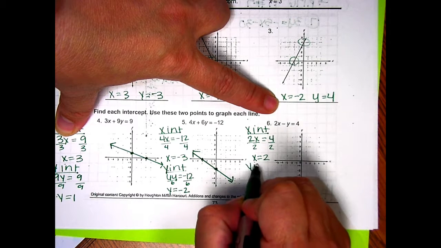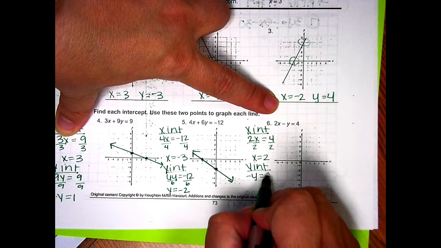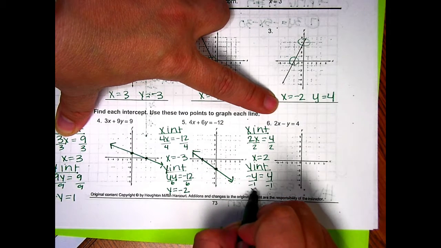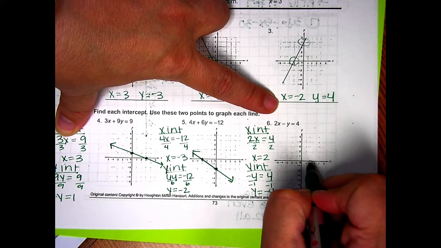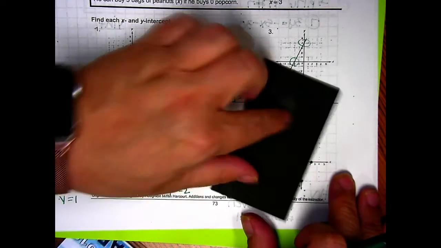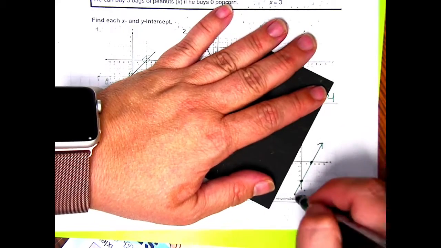And for the y-intercept, it would be -y equals 4. So divide both sides by -1, and y equals -4. So 2, -4. And we are going to again connect those points.